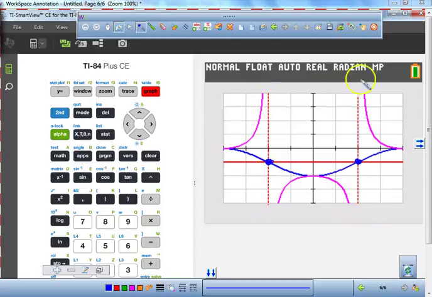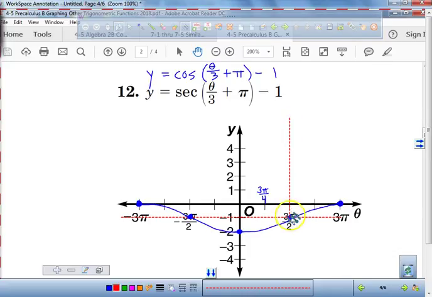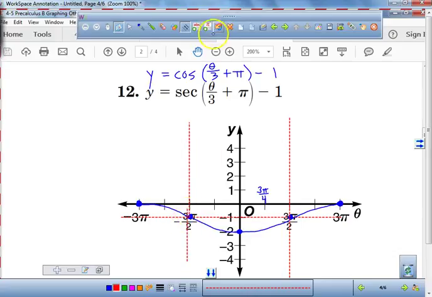So right now, draw on your asymptotes right here on your papers. I'm going to go back to my paper right here. I'm going to draw on my asymptotes right there. All right? And now what are you going to do?